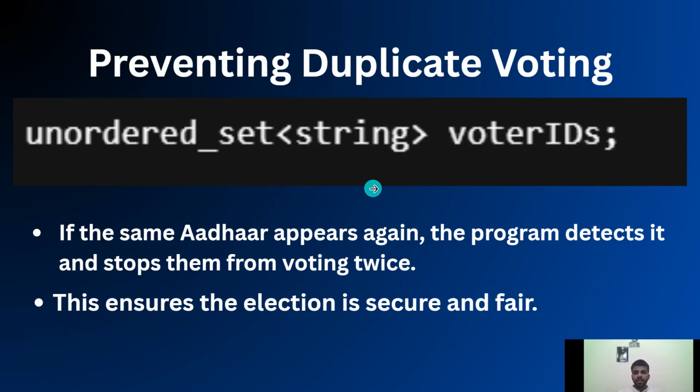Here I will explain preventing duplicate voting. If the same Aadhaar appears again, the program detects it and stops them from voting twice.